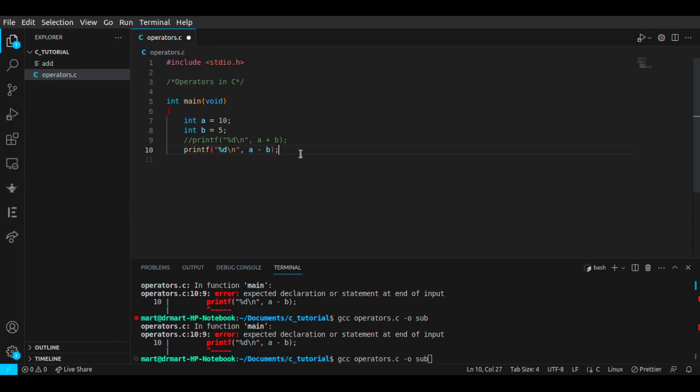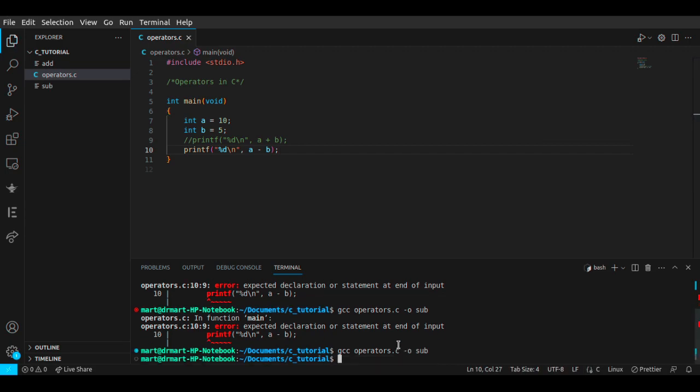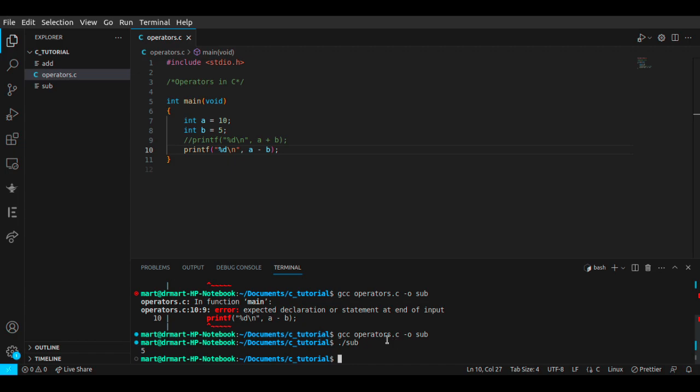Okay, guys, sorry. The closing semicolon and the closing bracket were removed. That was an error. So now it compiles successfully. Let's run sub. Of course we get 5.